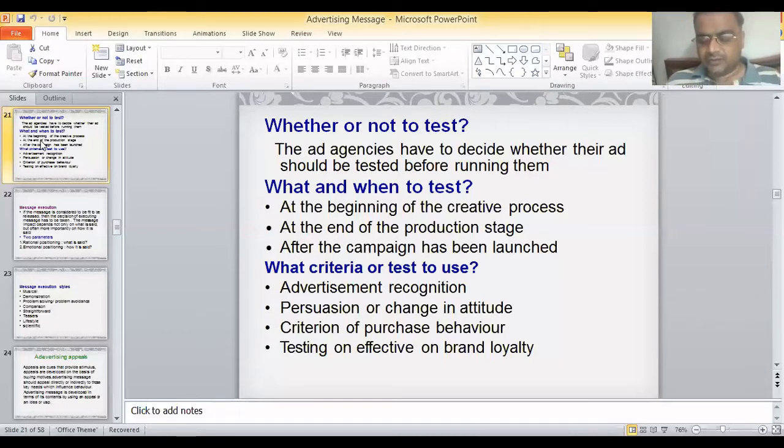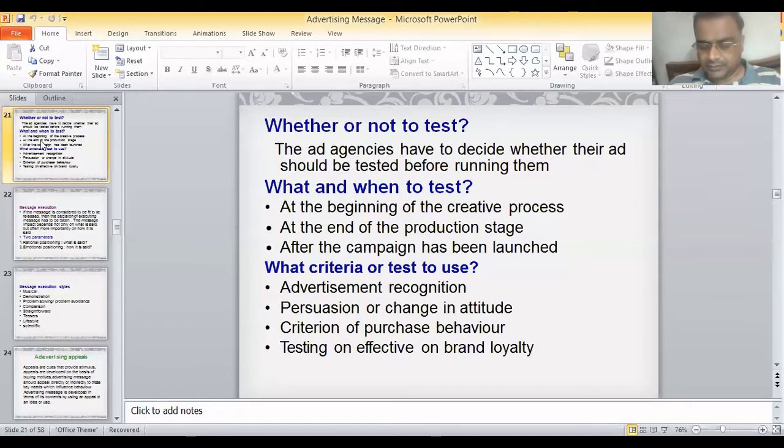And here we see how much attention the dummy customer is giving to that particular ad, and we gauge the eyeballs: whether he was looking at that particular advertisement, and if he looked, did he look with interest, and how long did he look at the ad. So this one.